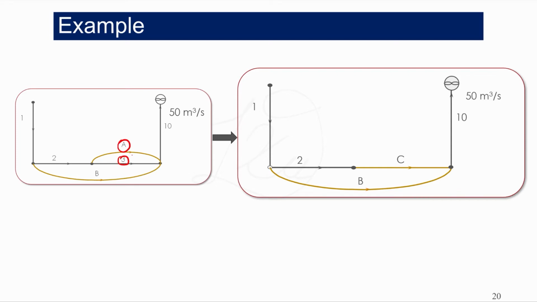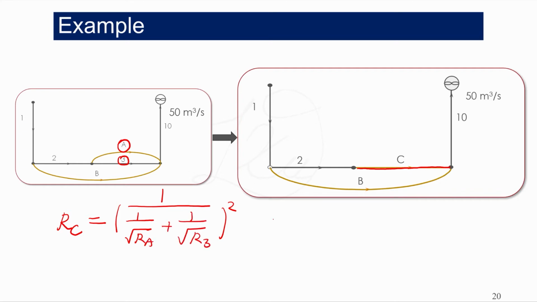We can reduce these two airways to one single airway C. We can calculate the resistance of airway C. RC equals (1 divided by the square root of RA plus 1 divided by the square root of R3) all squared, equals 1 divided by (1 divided by the square root of RA, which we just calculated as 0.39, plus 1 divided by the square root of R3, which is 0.1) squared. If you do the calculation, the result is 0.044.